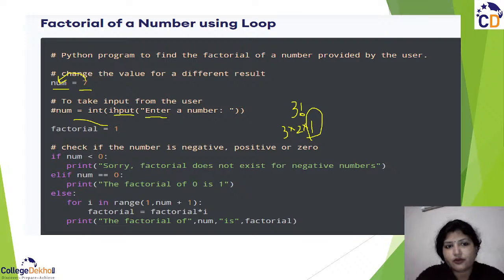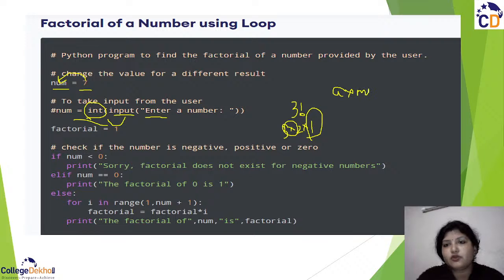I have already told you why we have put this int in front of this, because the input function is giving a string value. We cannot perform manipulations like multiplication on a string value, right? So suppose you have a into some name, I would say Manvi. Can you multiply a into Manvi?